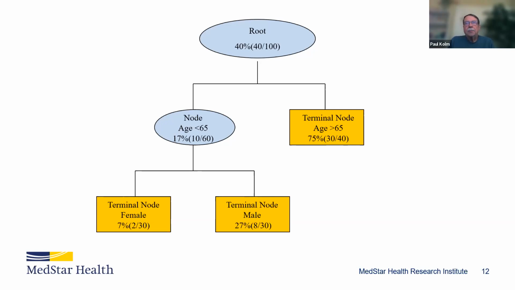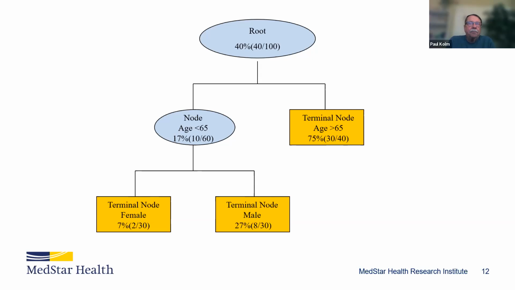It splits at age 65. You can see that if they're less than 65, the percent of those that have the outcome is 17%, compared with those over age 65, where 75% of our patients experience the outcome.